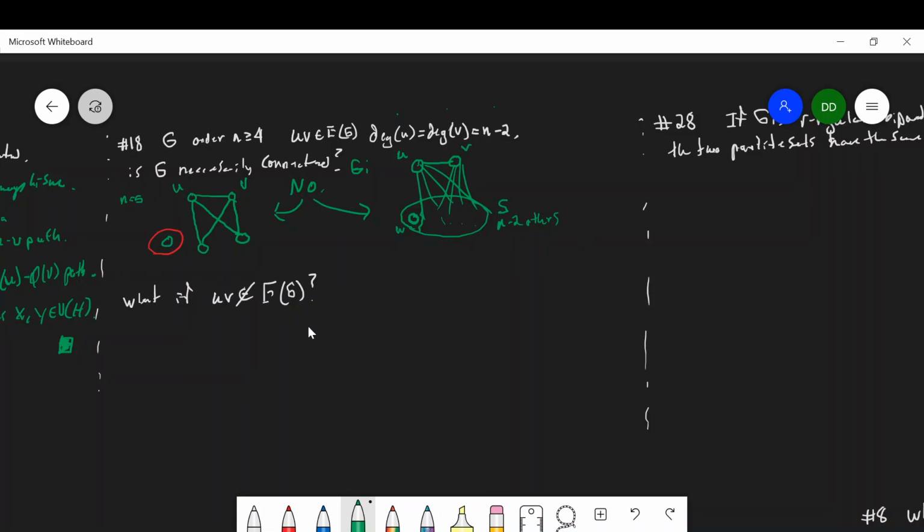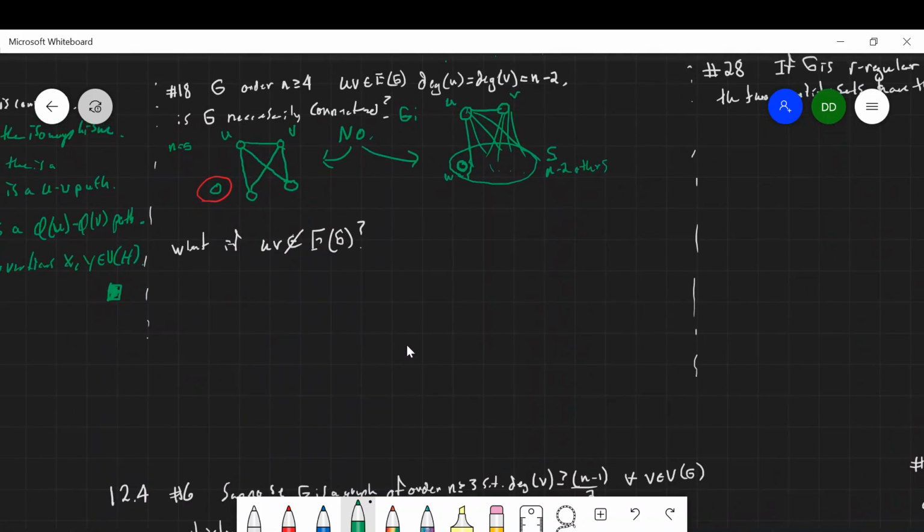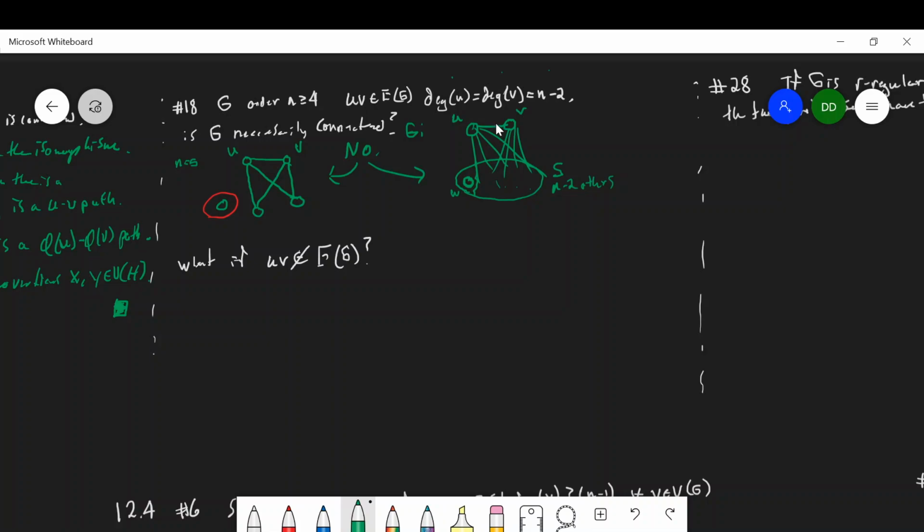So what if U and V aren't an edge? So that should tell you something. That, remember, up here it meant U had only n minus 3 other edges down here because U and V were connected. So if U and V are not adjacent, then here's my set S of n minus 2 others.